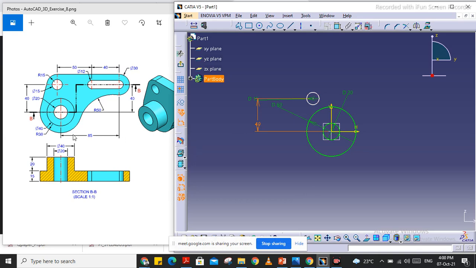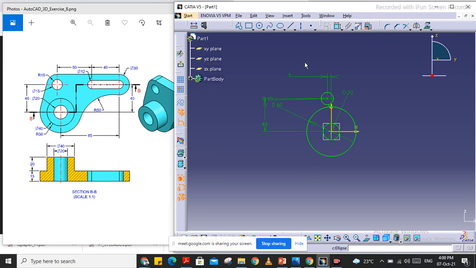It is 90 minus 85, so how much remains over here? That is 5. So we will take this vertical axis as 5.